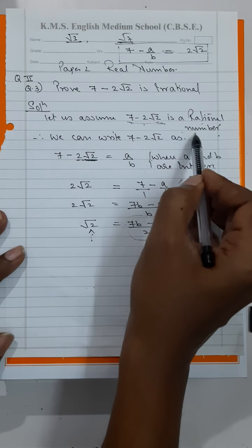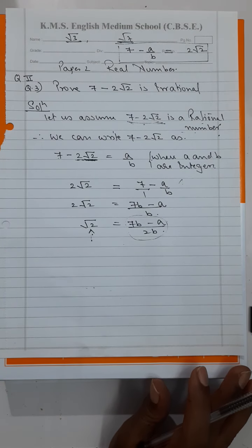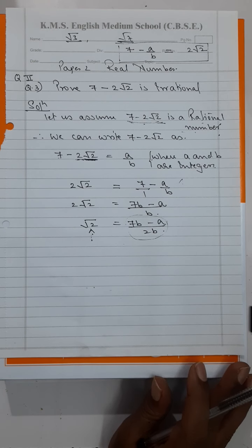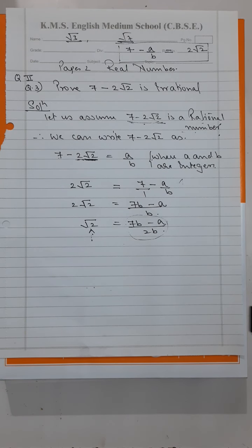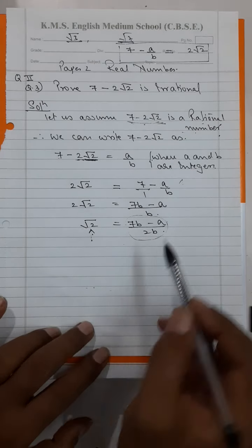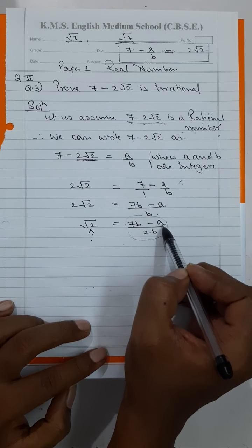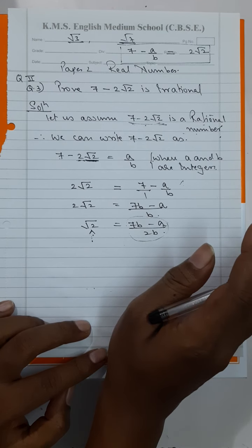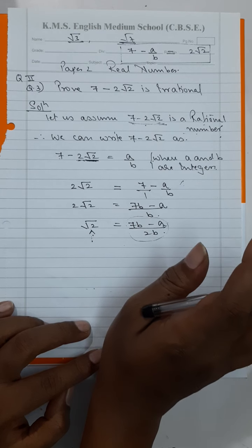Therefore 7 minus 2 root 2 is an irrational number. Most of the students are doing this right. But many students who have lost marks over here have got it wrong mainly because of this. You have written a minus 7b upon 2a. This will not give you a single mark.